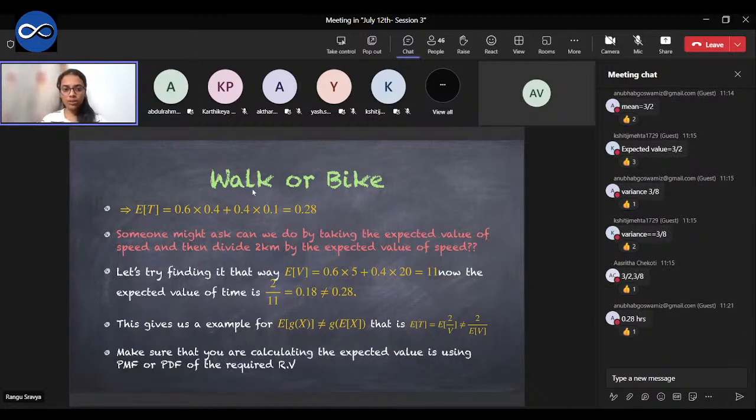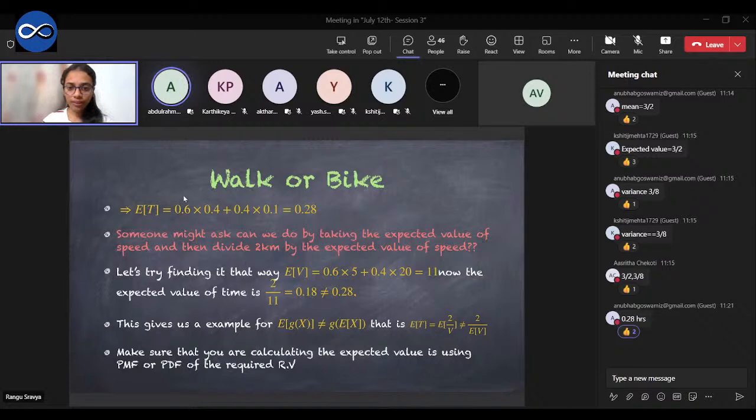Someone may think like this also. Why can't we, since the given information is on speed? So why can't we first calculate the expected value of speed and then divide 2 by that expected value of speed and find the expected value of time? So let's try doing it that way once.